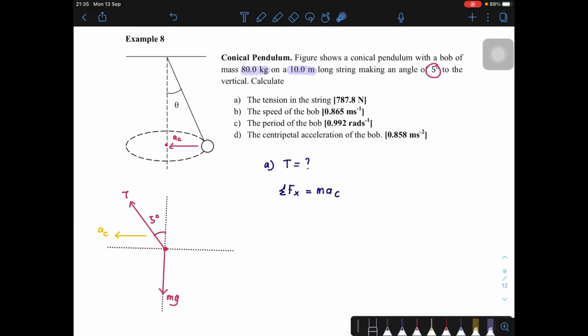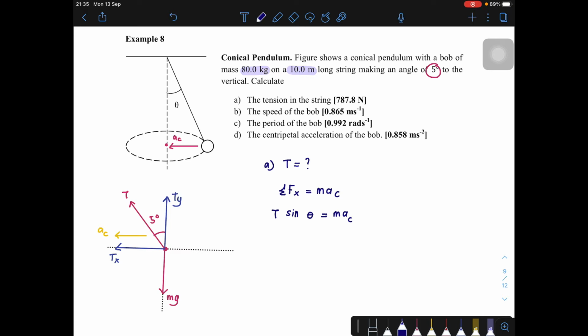So dekat sini kita ada this one, which is Tx. This one will be Ty. So we only have Tx, which is T cos, is it cos? No, it's sine. T sine theta equal to mac.